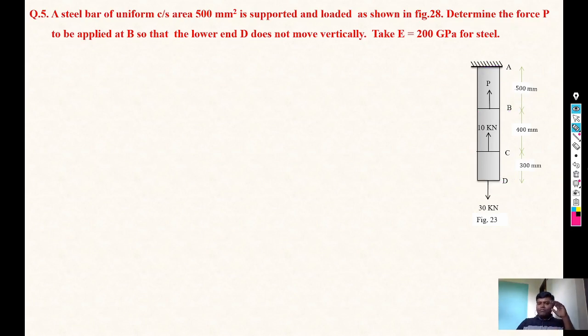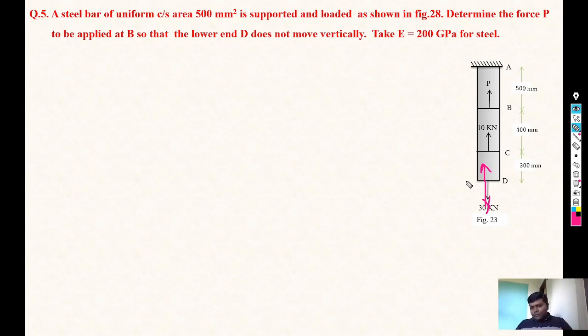Generally, what happens if we consider this section and any forces are acting on that particular rod, that rod may move up or move down due to the intermediate forces acting on it. But the condition is that the lower end D does not move vertically.